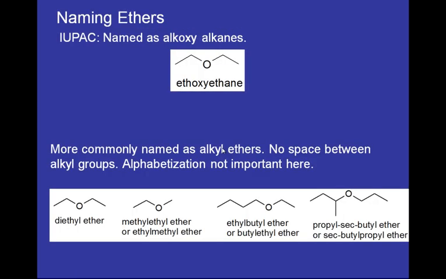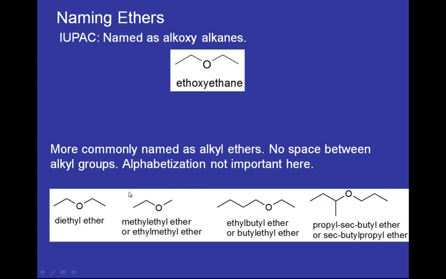When we're naming ethers, we can name them in 2 ways. We've got the IUPAC naming, and this would be ethoxyethane, where this group here, the OEt, is called ethoxy, and then this would be ethane right here. We're going to preferentially name these according to the old method, because most people tend to name ethers using the older method.